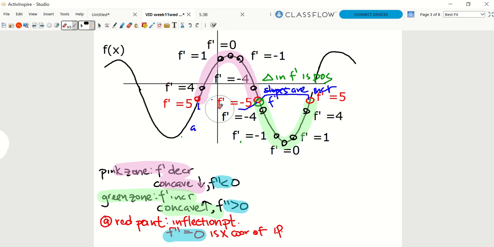Let's see if I can just erase the blue and the green. Erase the blue. Erase those.